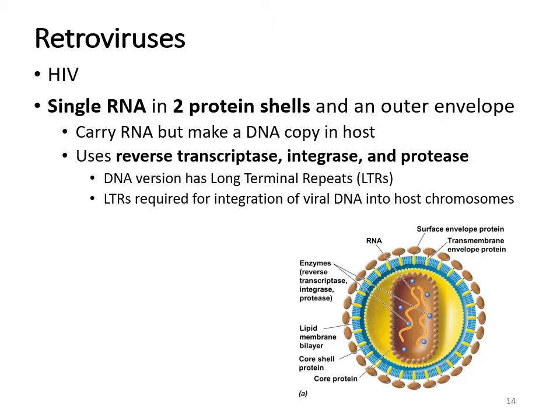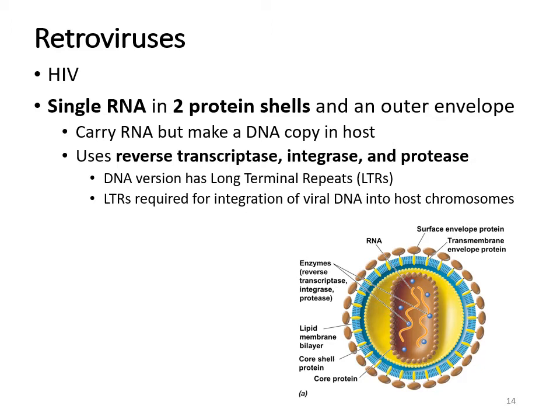What I want you to take out of this is that these guys are going into the host DNA. So that means they're there to stay. The retroviruses you're going to have for life because now they've gone into your genome.